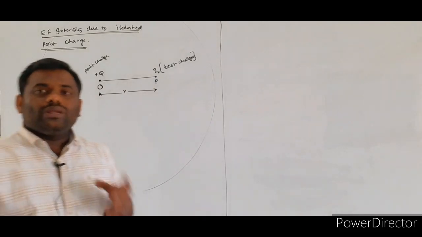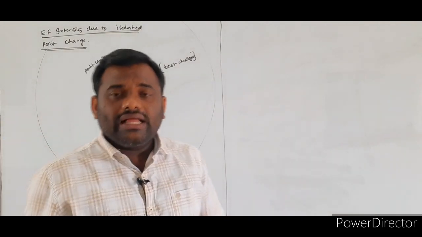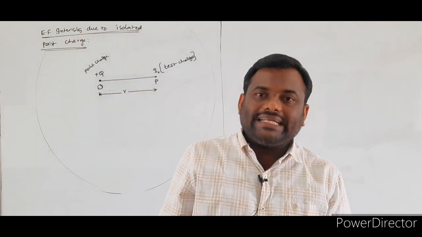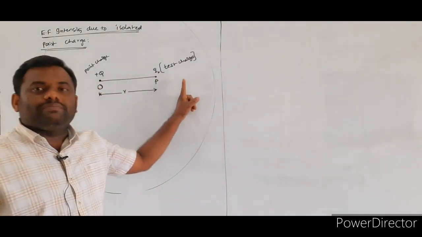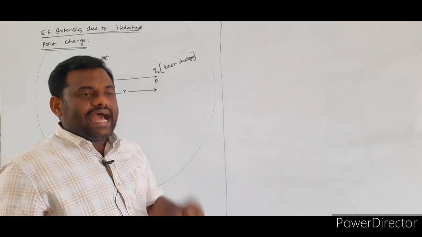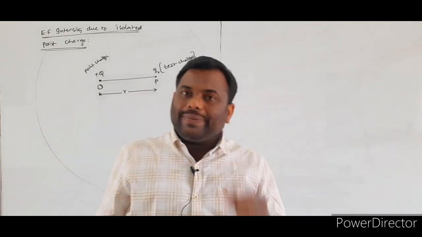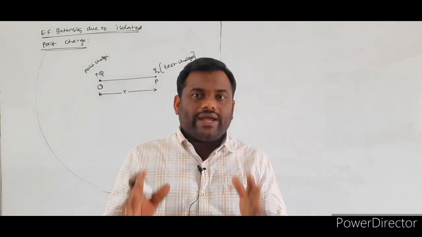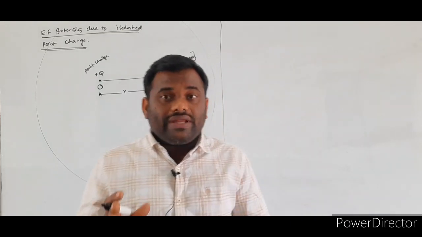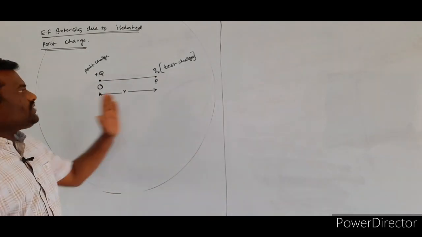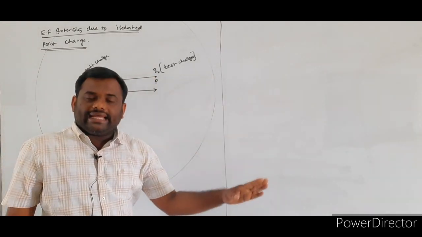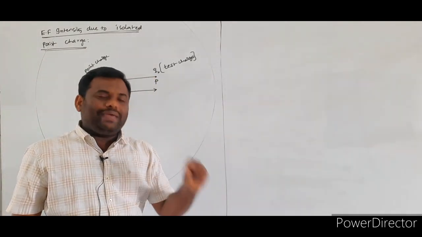So, according to Coulomb's inverse square law, whenever any two point charges are separated by some distance between these two charged particles, either an attractive force or a repulsive force will exist.